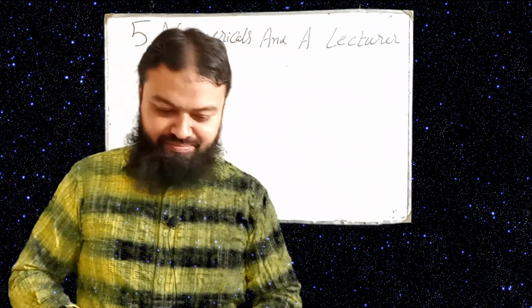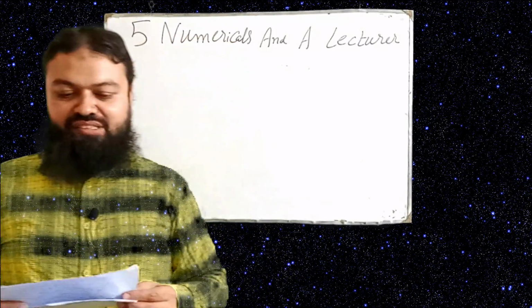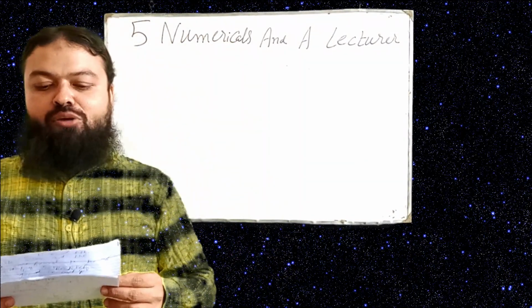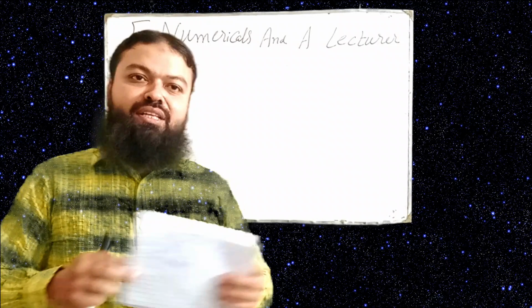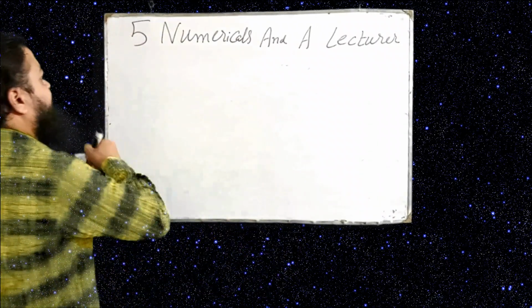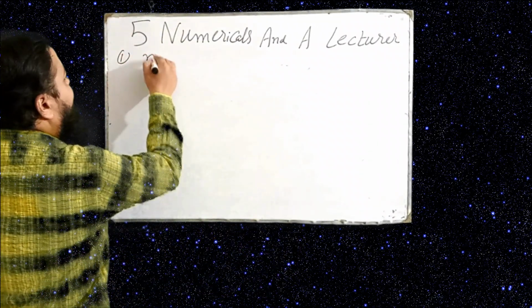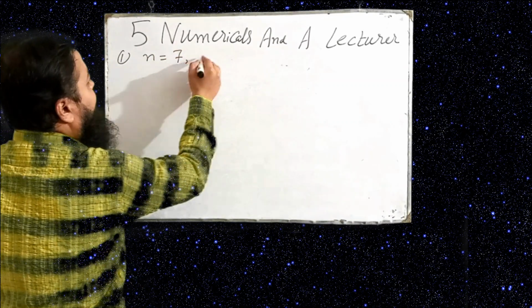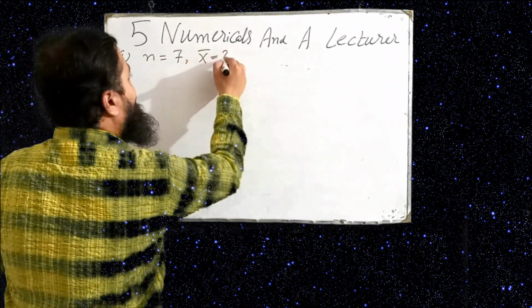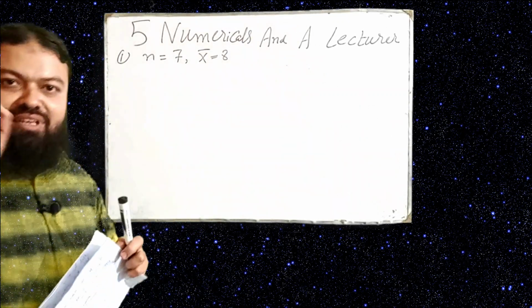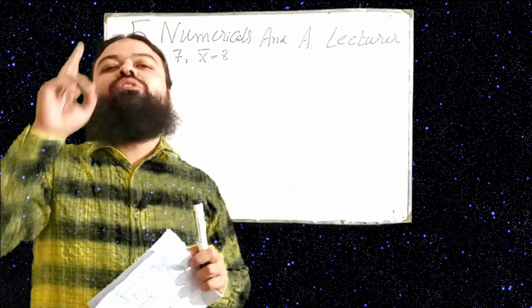Let's start. Question number 1: the mean of 7 observations is 8. It means that if the observations are 7, small n is 7 and x bar is equal to 8. One line was given and it contains 2 pieces of information.